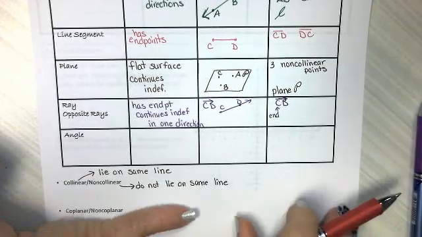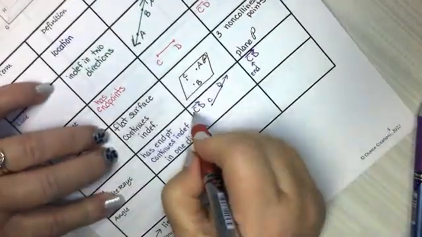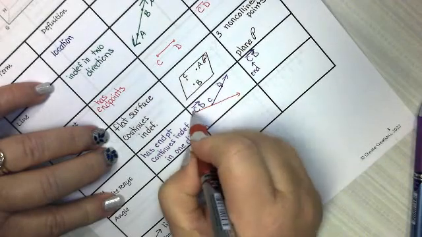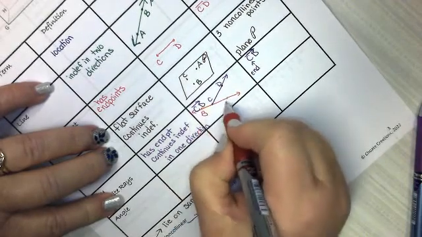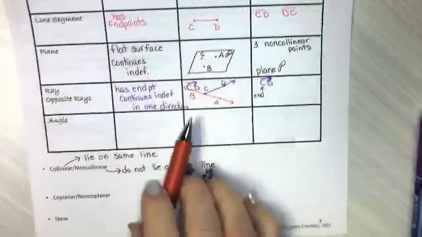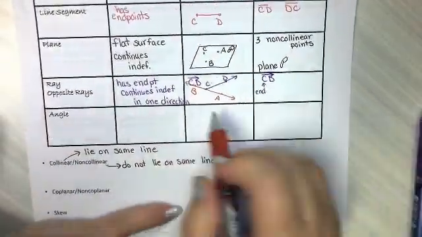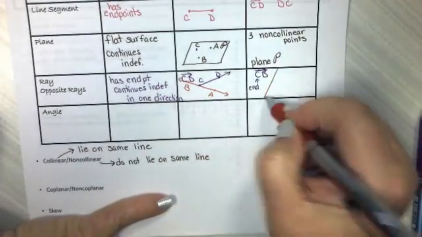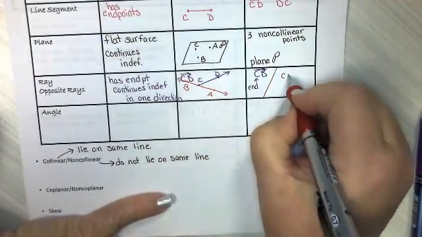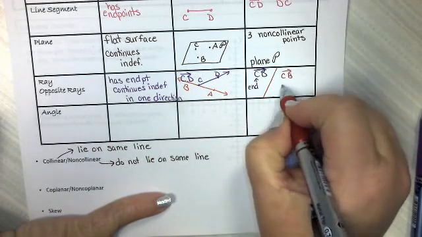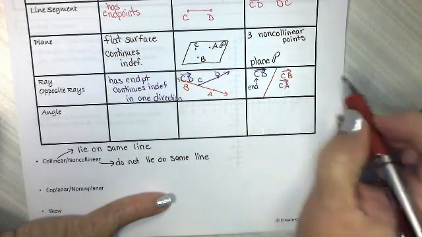Now in this box, it also talks about opposite rays. So if we continue similar to the picture above, I just copied this picture, we have more rays in our picture. We have ray CB and ray CA.